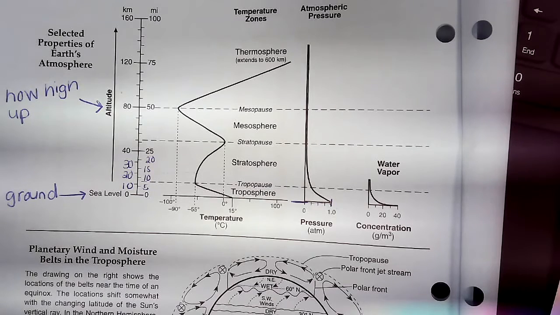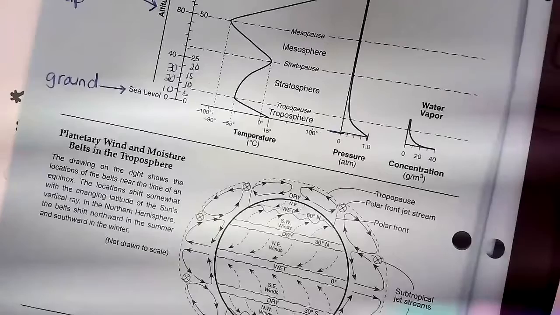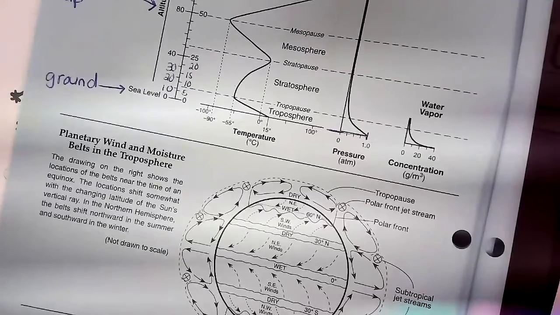All right, anyway. So this would be a similar picture. Again, it doesn't have all the same things we were looking at, but here you can see the ground is on the bottom and it's going up into the atmosphere. And that is exactly what we're looking at on our reference table.